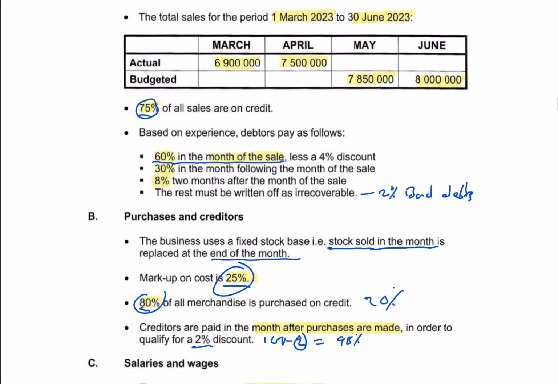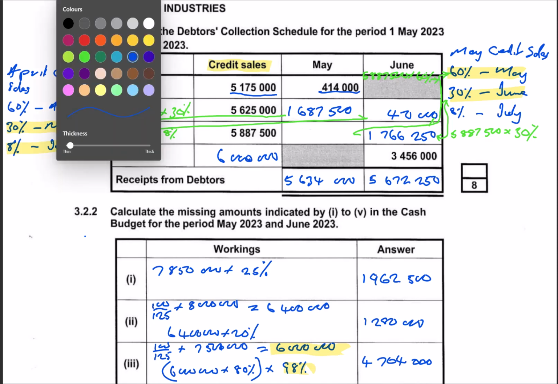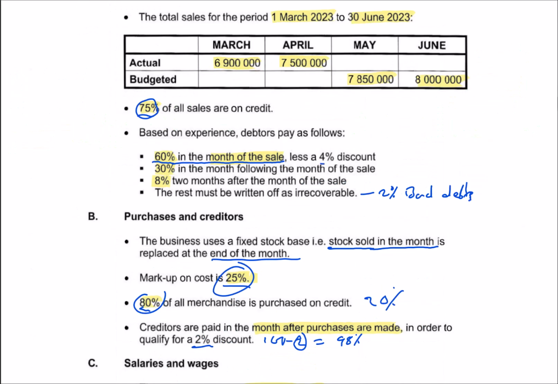So on this, we're supposed to say 5,887,500 times 60%, then times again 96%, just to cater for the 4% discount that is given here, right?